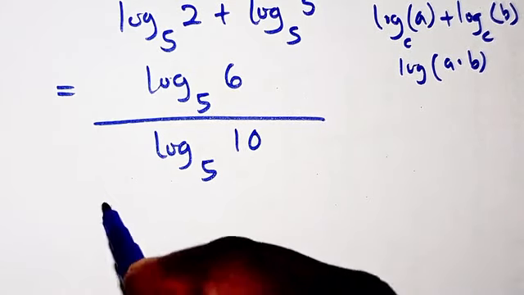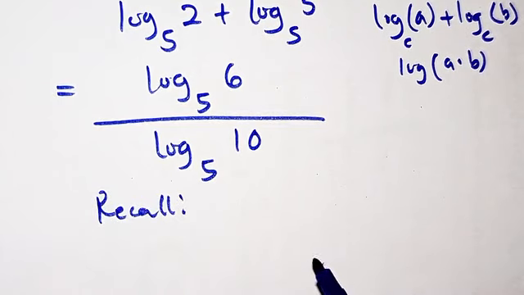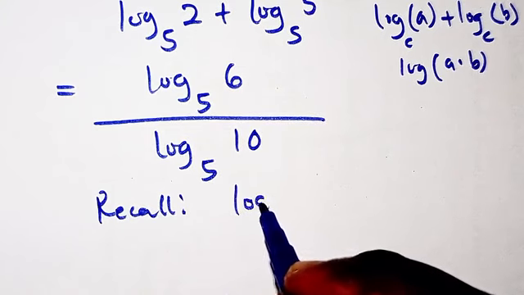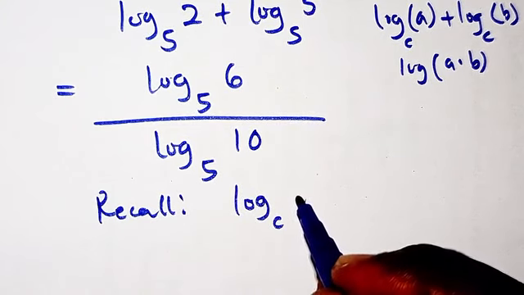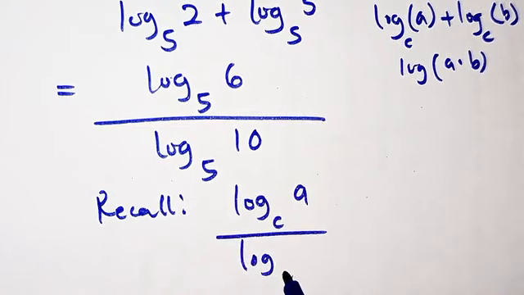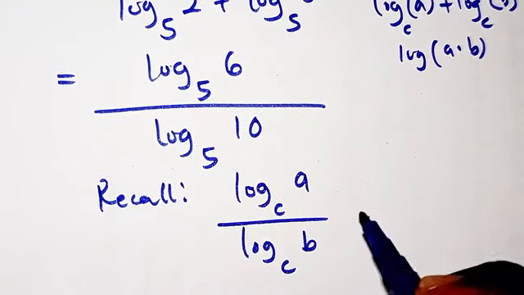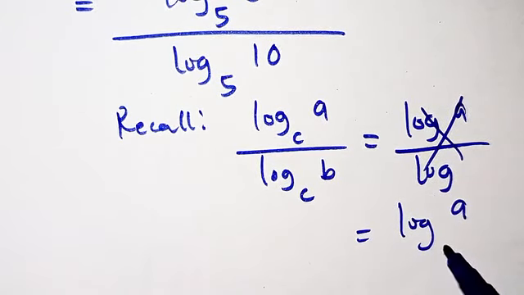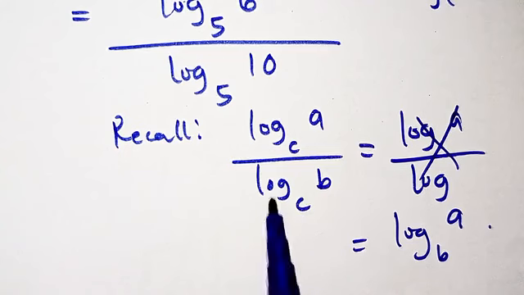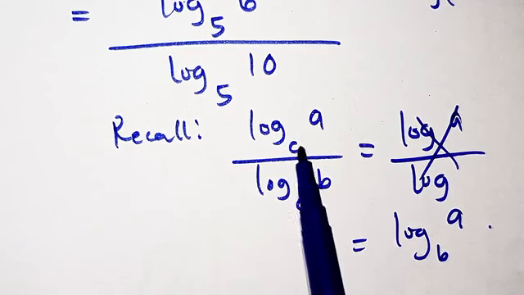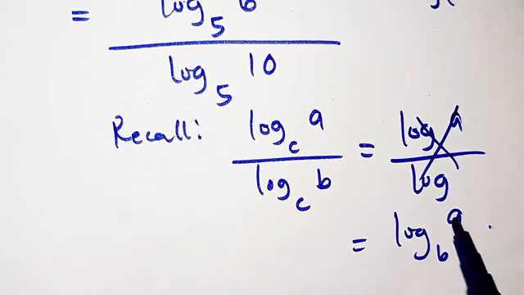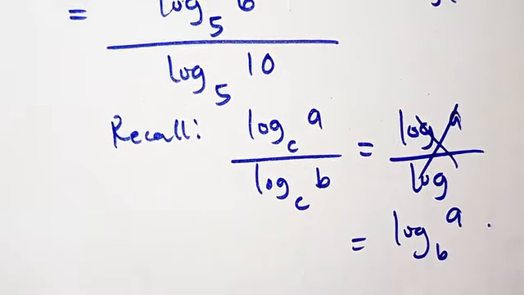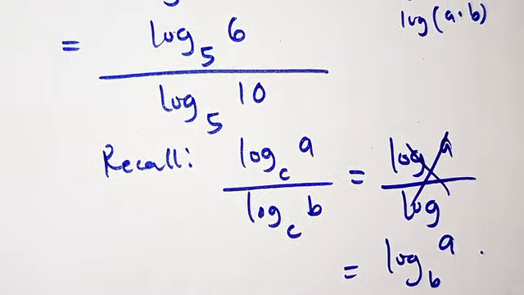So now when you have this, we have the change of base law of logarithms. Recall, when you have something like log base c of a over log base c of b, we can write this as log of a to base b. Do you understand now? We take away this base entirely and replace it with a, then b. The same thing we are going to do for this one here.